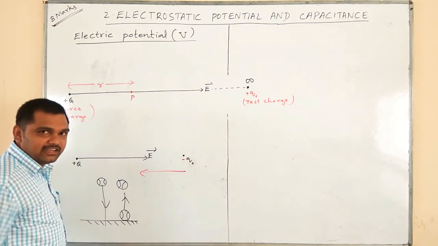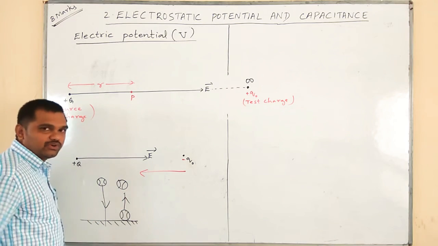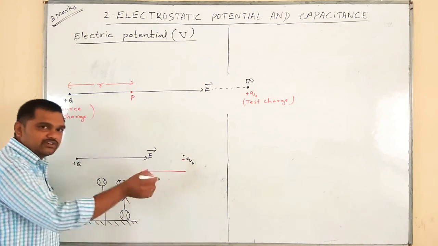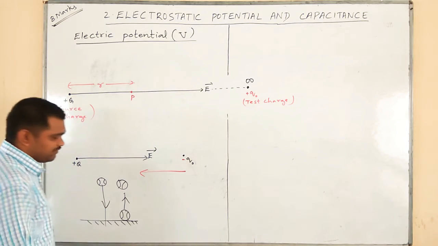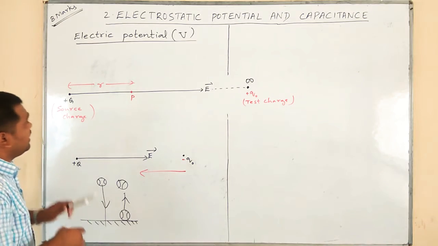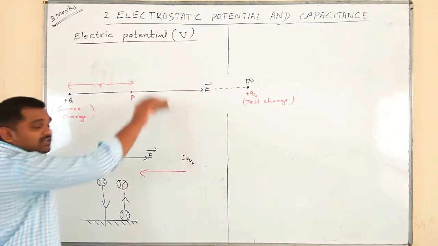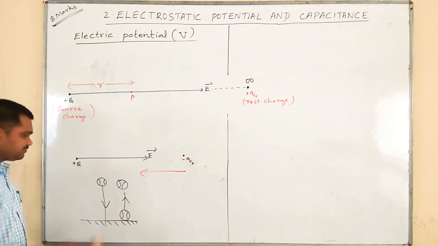Against gravity, isn't it? That is acceleration due to gravity, which is always pointing towards the center of the earth. Okay, fine. Therefore, I have used that word against the field direction.